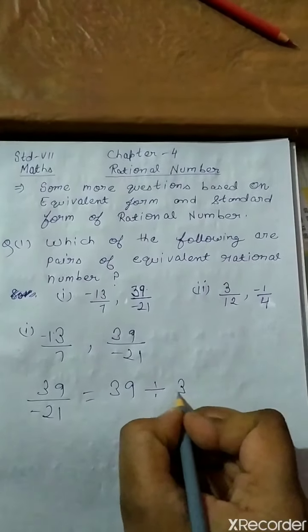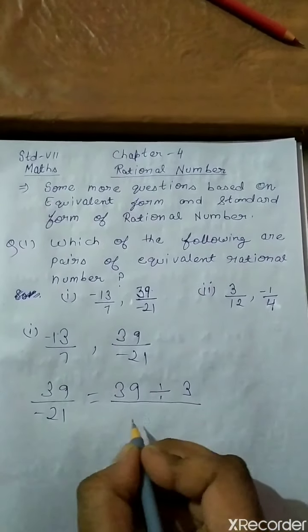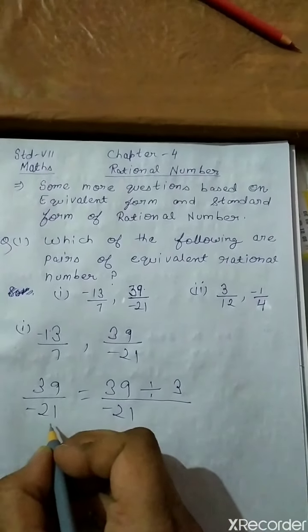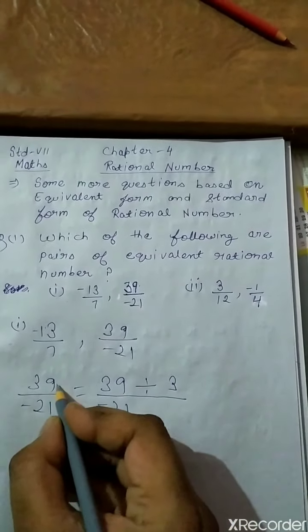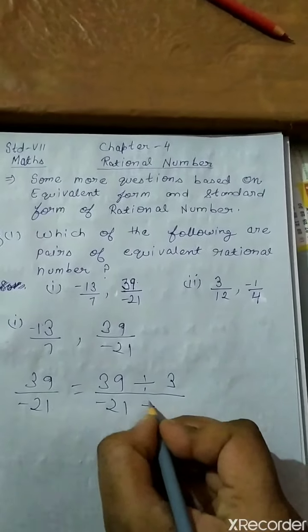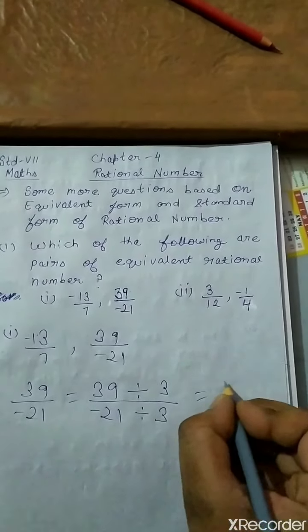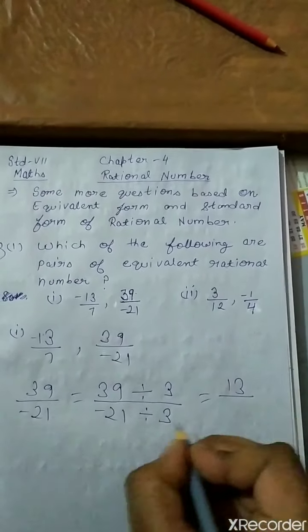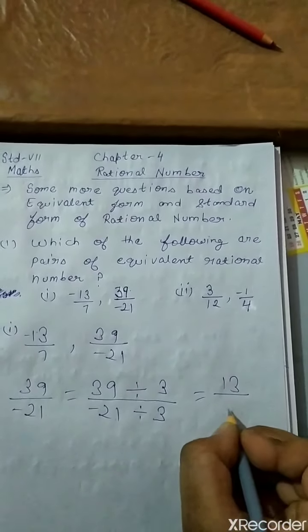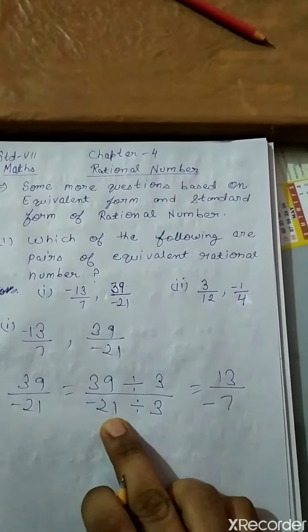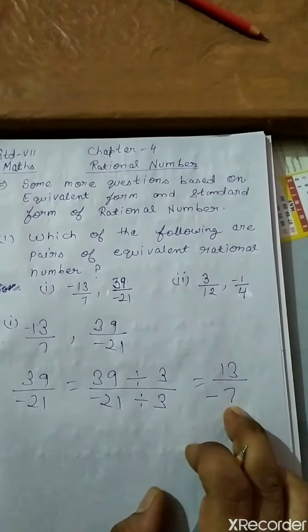That will be 3 only, when you find the HCF of numerator and denominator without sign. So 39 divided by 3 means 13, and 21 divided by 3 is 7, and minus is also there, so you will put minus: minus 21 divided by 3 is minus 7.